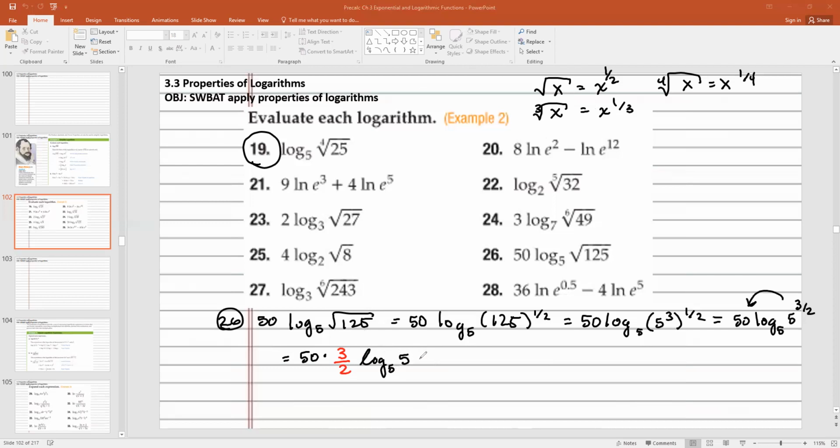And log base 5 of 5, when the base is the same as the number, it's just a 1. We have basically 50 times 3/2, which is 50 divided by 2 is 25, times 3 is 75. And that's it.